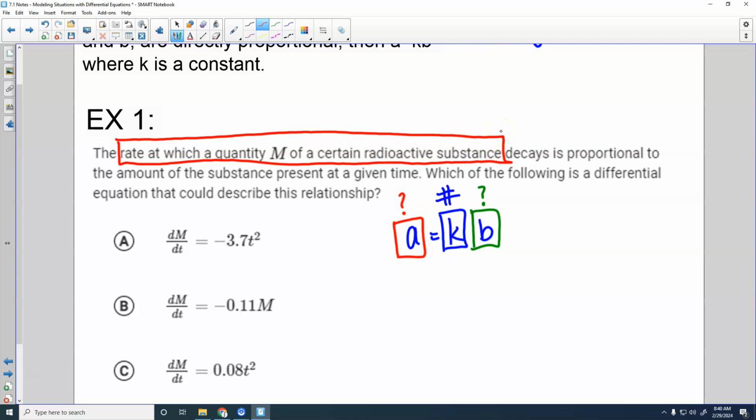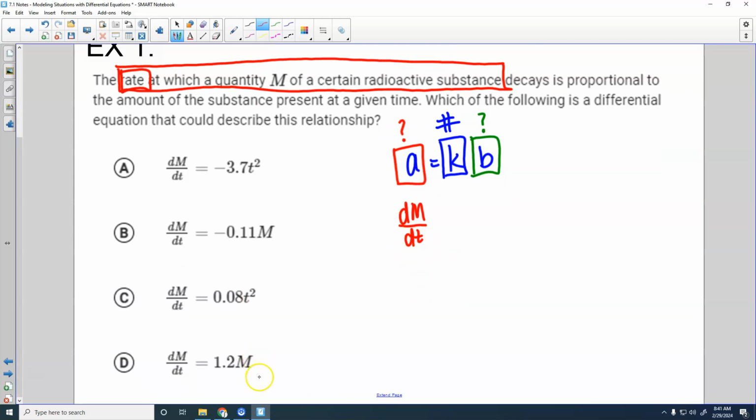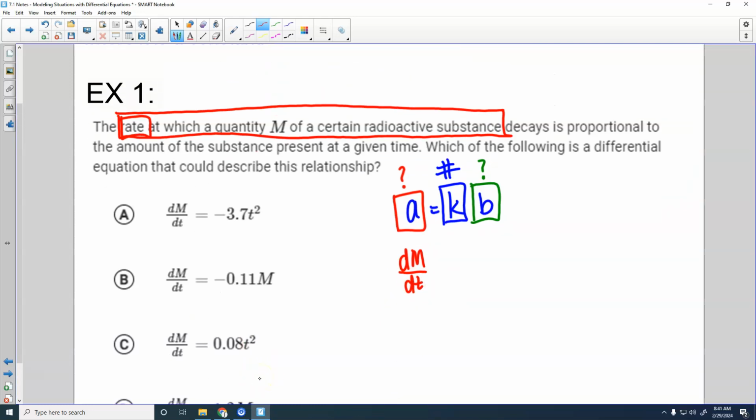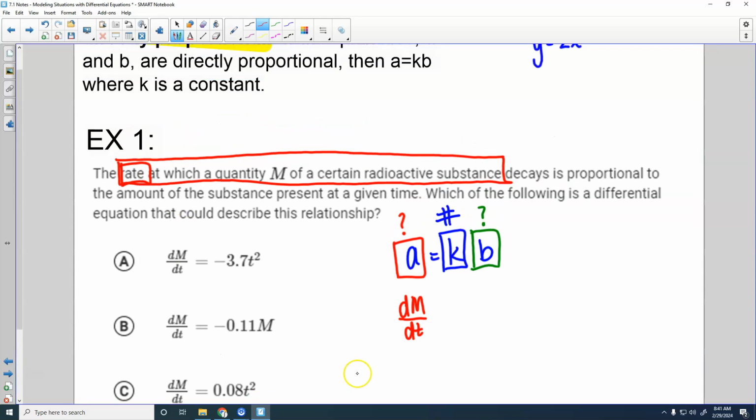They're giving us the variable m, but it's not just m, it is the rate of m. So when we have the rate of m, we're not just going to have the letter m. We will have dm dt for that. And you can tell from your answer choices that dm dt needs to go there because it's on all of those.